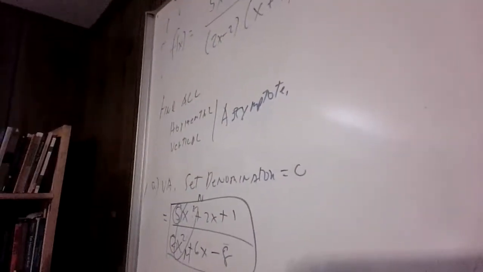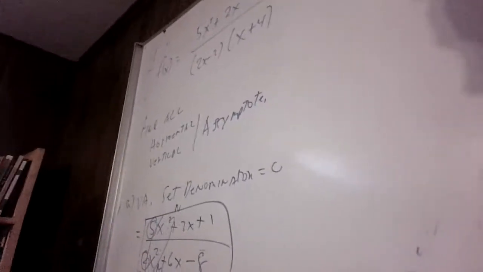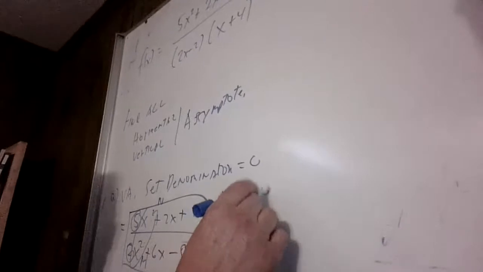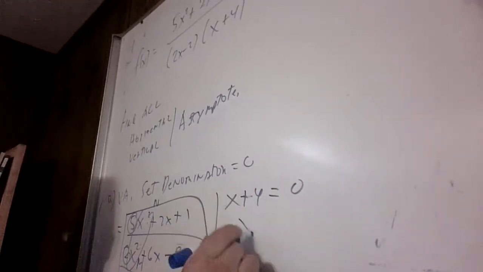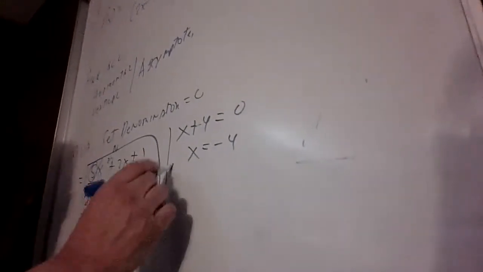Now, what about the vertical asymptote? The vertical asymptote is actually easier found by looking at the denominator. If x is minus 4, what happens to the denominator? We said x plus 4 equals 0, and x equals minus 4. Minus 4 plus 4 becomes 0, right?